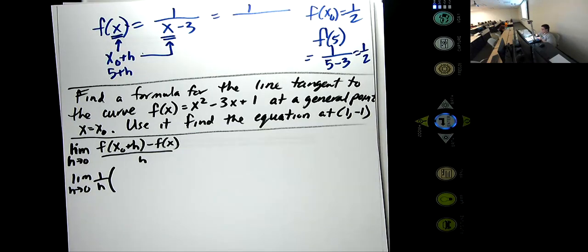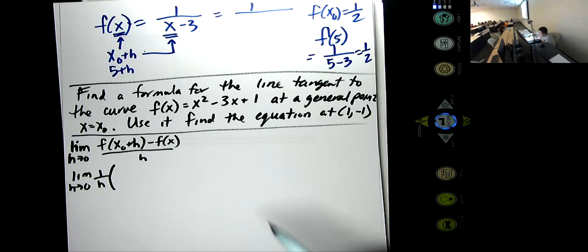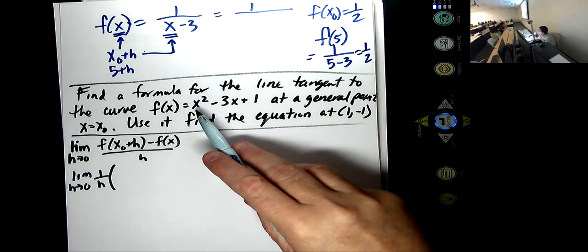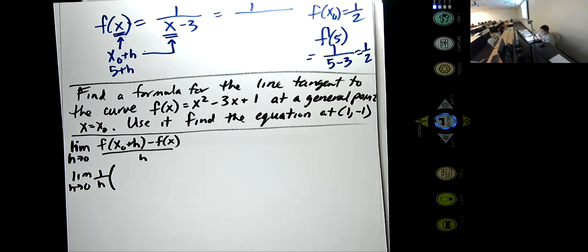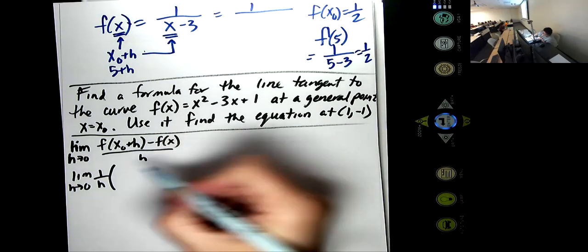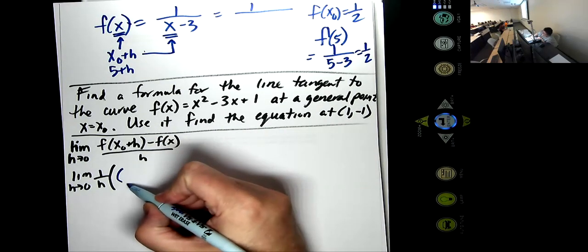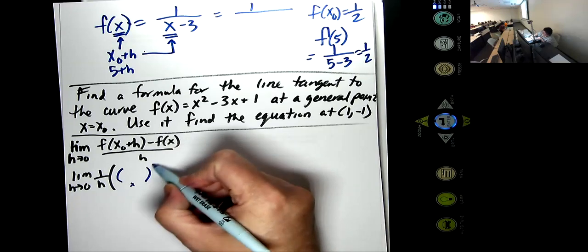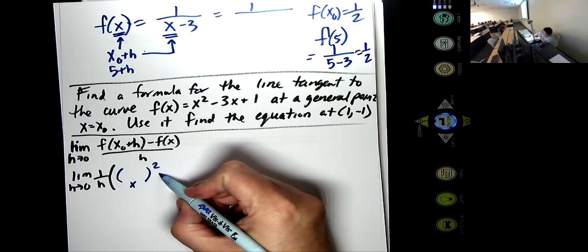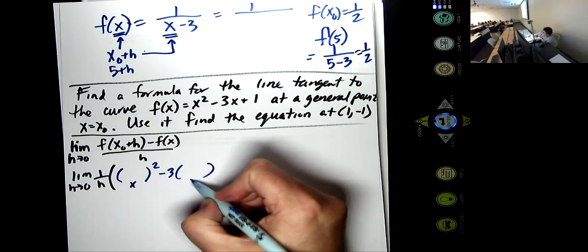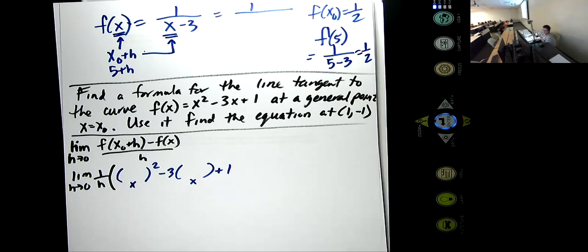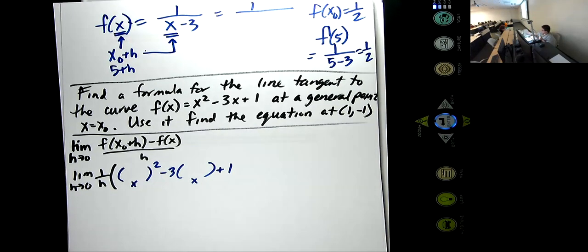F of x naught plus h means plugging in x naught plus h everywhere into f of x. So I have the f of x function is x squared minus 3 times x plus 1. And I'm not going to use x, I'm using x naught plus h.